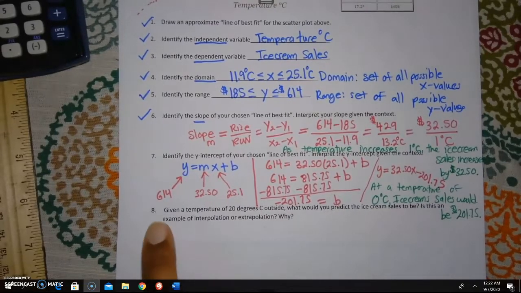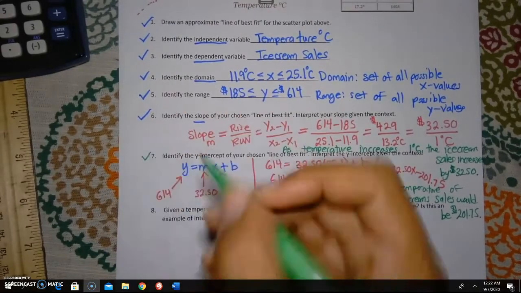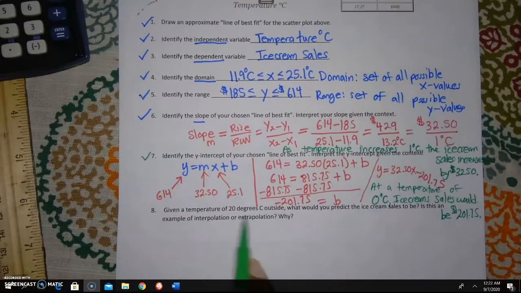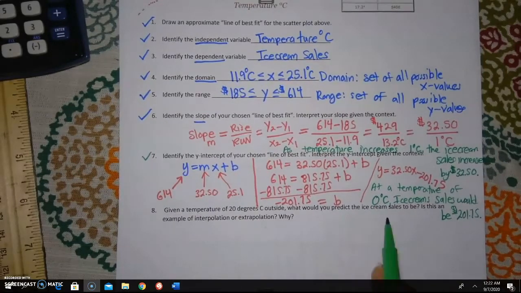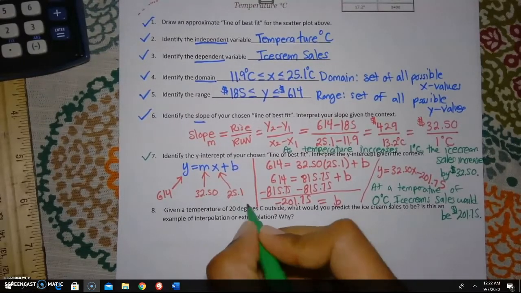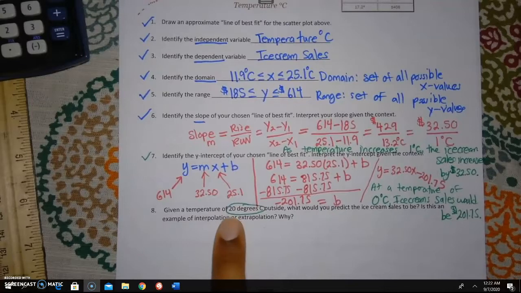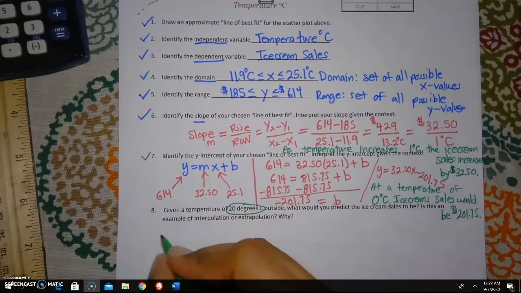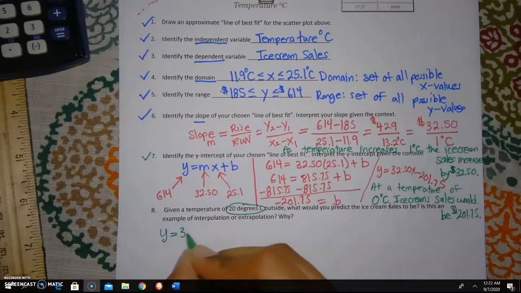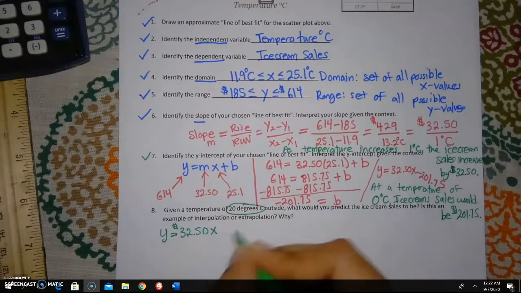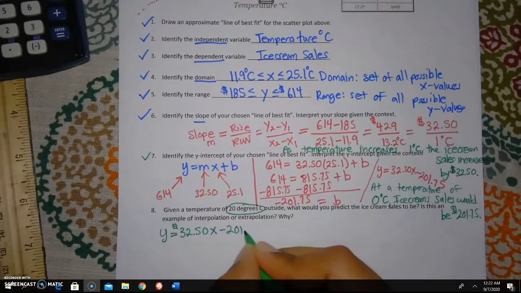All right, let's look at number 8. Given a temperature of 20 degrees Celsius, what would you predict the ice cream sales to be? And then is this an example of interpolation or extrapolation? So first off, they're giving us a temperature and it's 20 degrees Celsius. We do want to note that we now have an equation that allows us to determine answers to all sorts of questions, right?